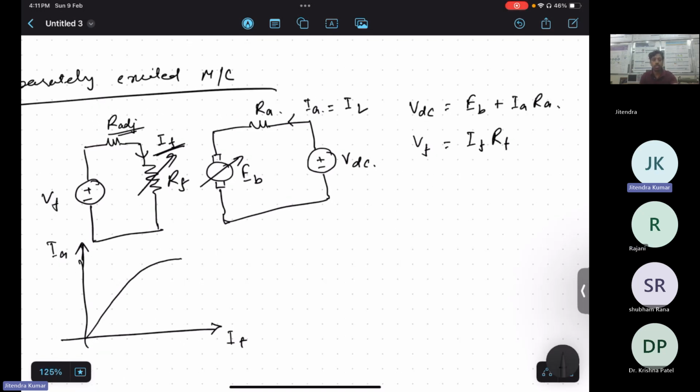We will solve one problem based on this separately excited motor. Let me take one example problem.